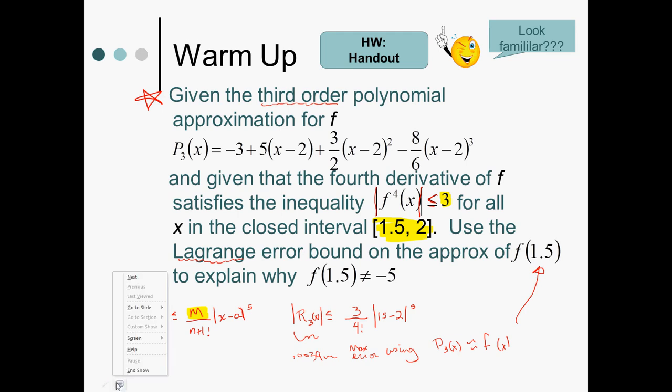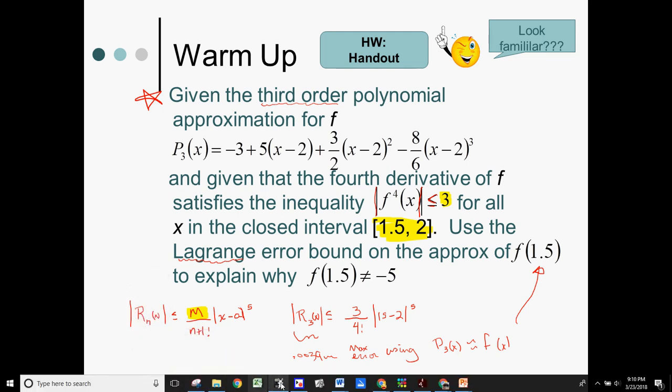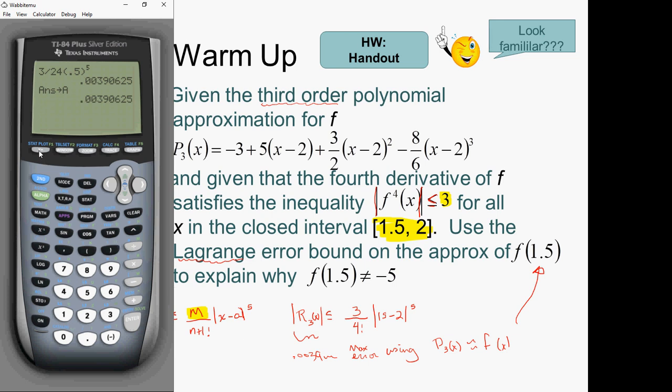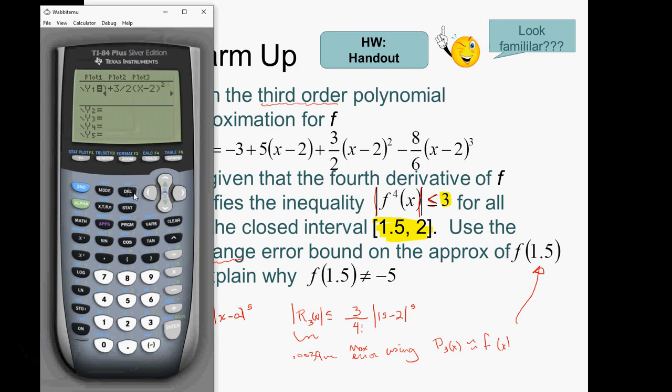Well, let me go back to my calculator, and let me show you what I've put into y1. I put the third order polynomial. See that? The third order polynomial is in y1.